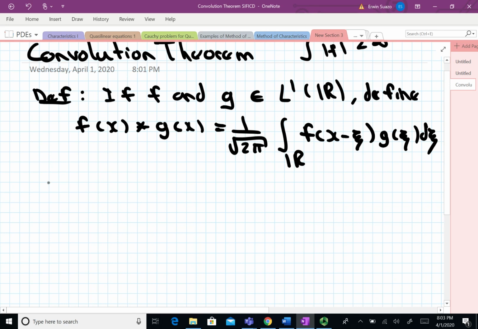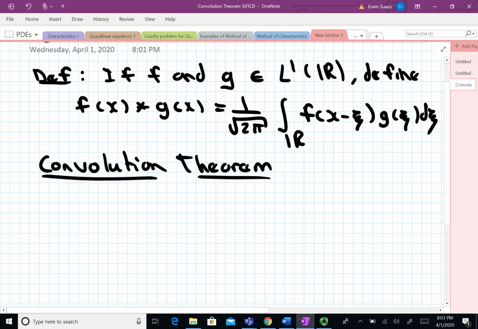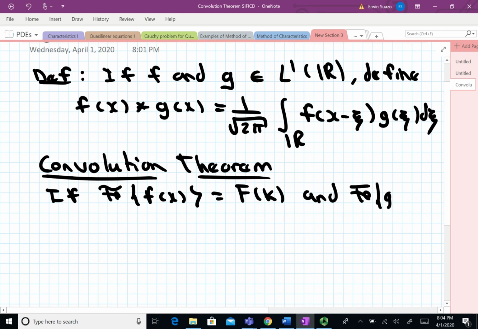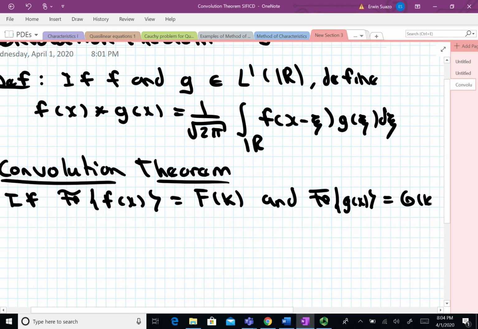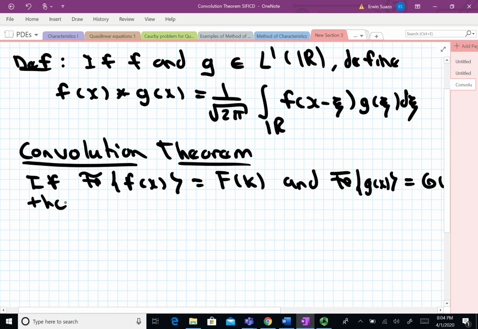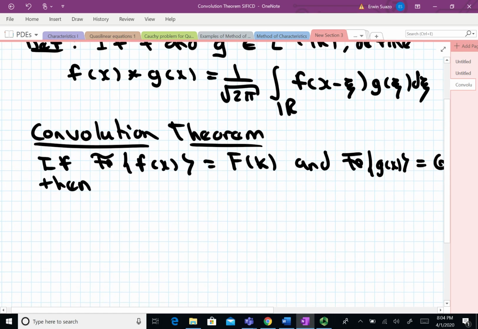So this is the convolution theorem. If the Fourier transform of f of x, let's call it f of k, and the Fourier transform of g of x, we call it g of k, then the Fourier transform of the convolution equals the product of the Fourier transforms.